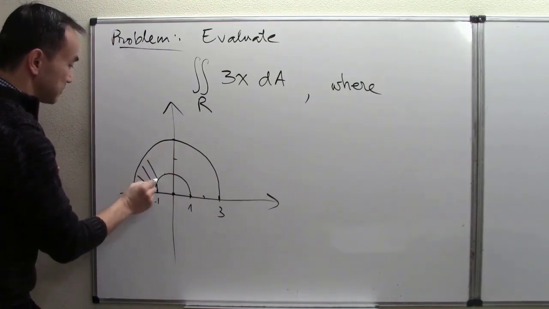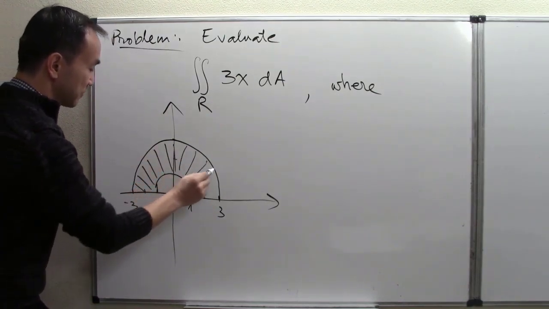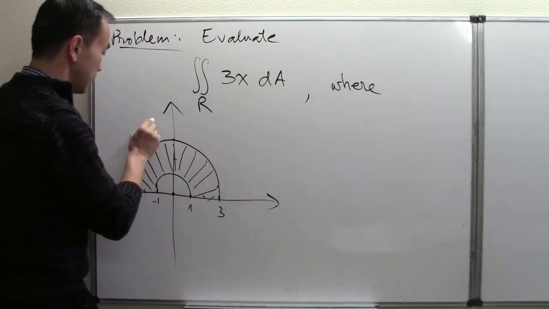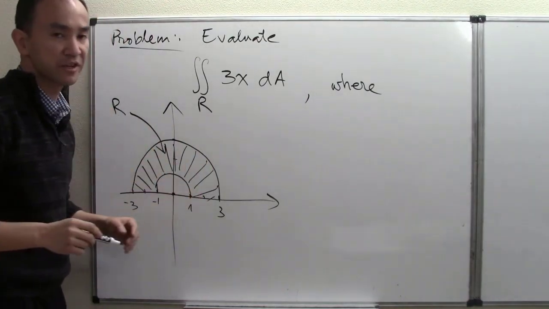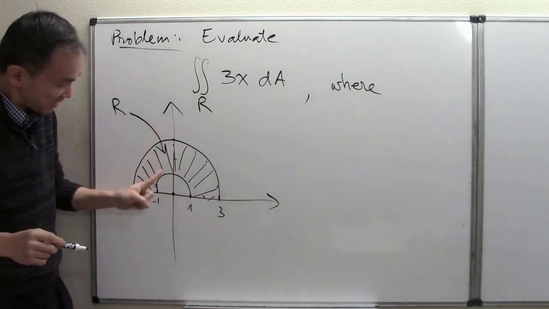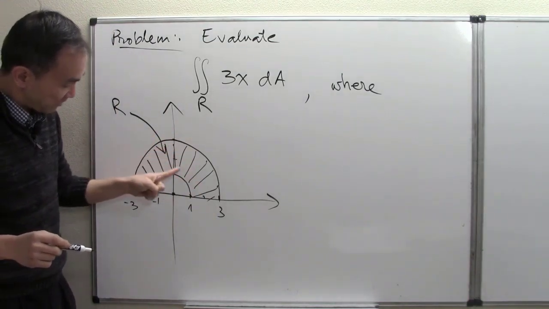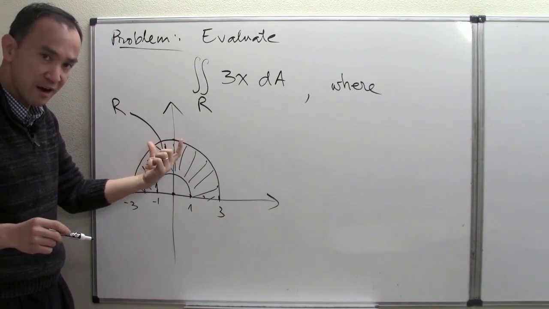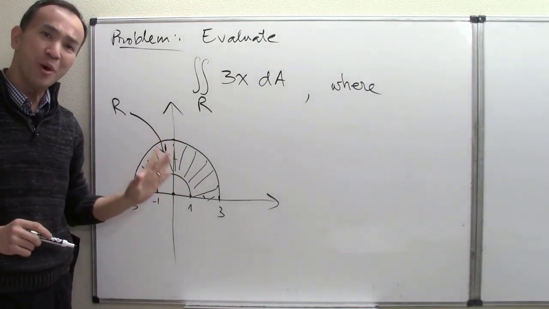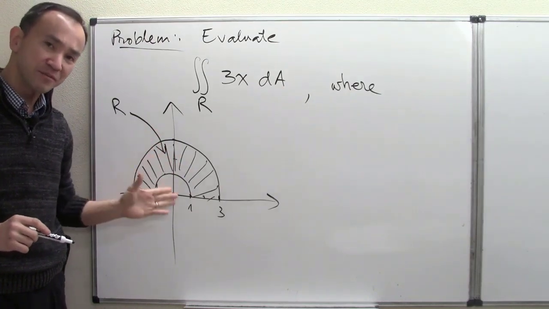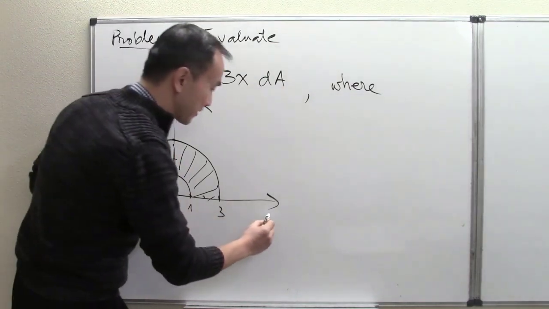All right, so the general region that we are calculating our integral over is this shaded area. This shaded area is the area between an inner circle and an outer circle, and that's the area between them.